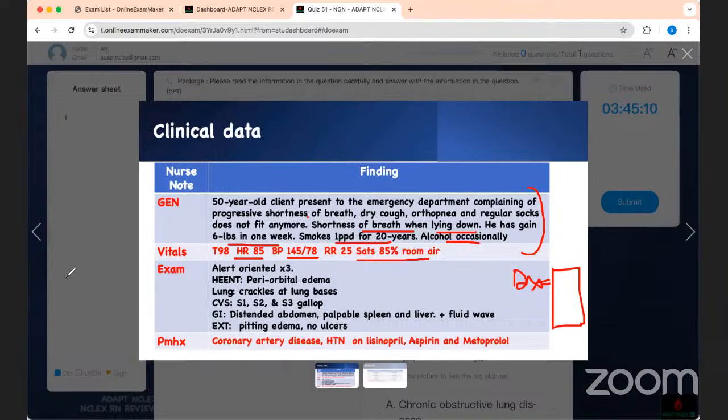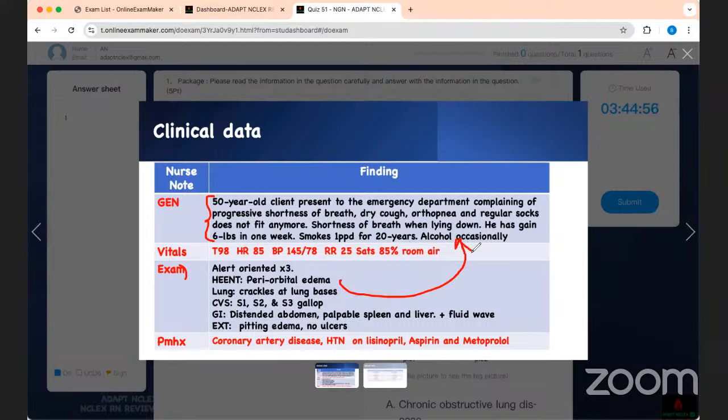So now, what is the physical exam? If you read a case, like I said, 50 to 70%, you should know what is going on. Then when you come into the physical exams, this is to confirm what you suspected. If I suspected one problem right now, I have to look at the physical exams and make sure it confirmed that.